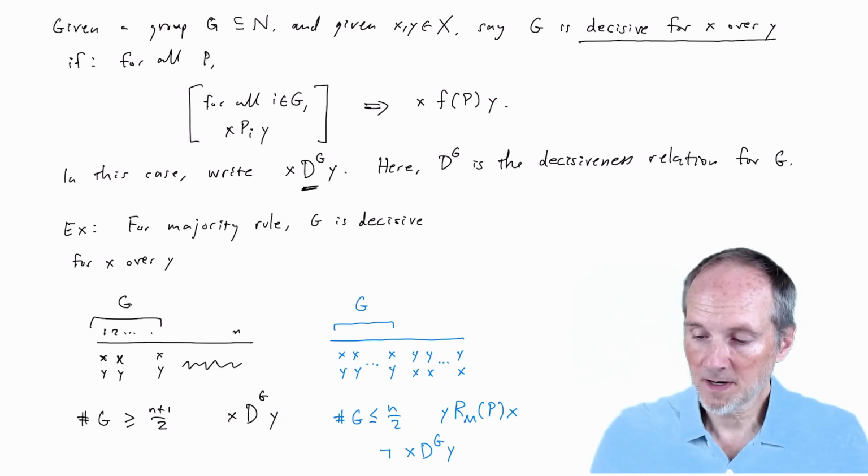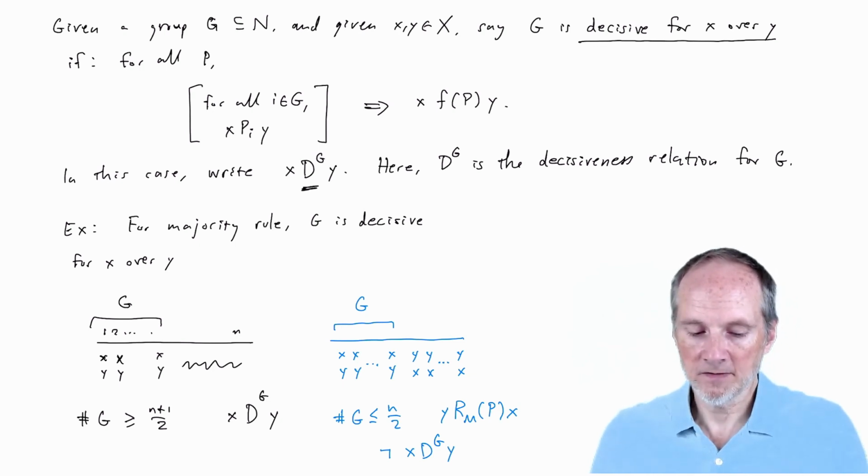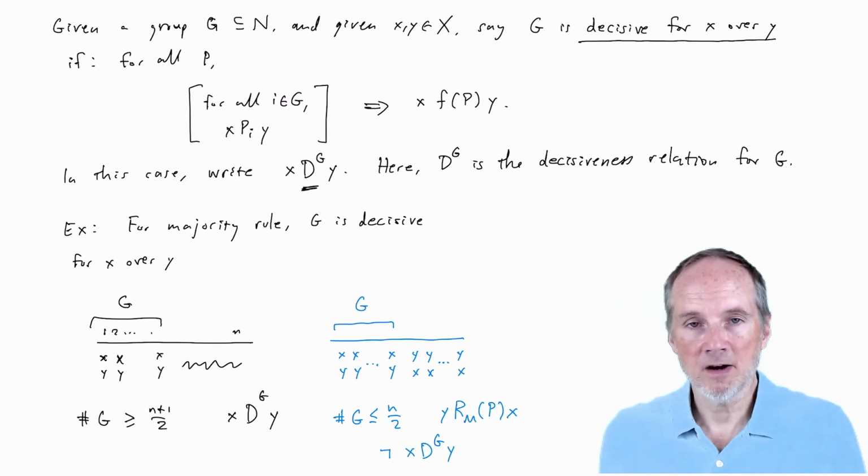Now what we just talked about is an authority of a group that's specific to a pair of alternatives.